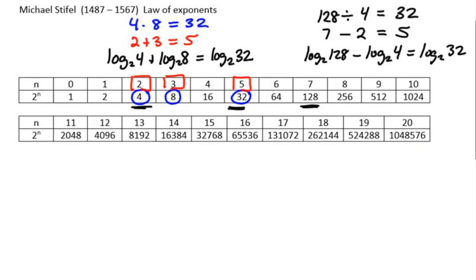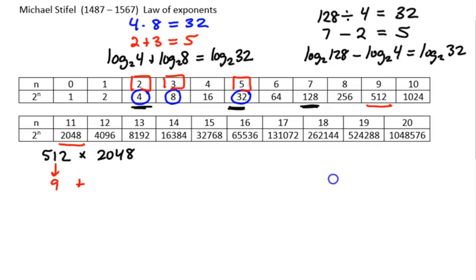So how could we apply this to something kind of practical? Well, let's say I wanted to multiply two large numbers. I wanted to multiply 512 times 2048. Well, I could look that up in the table and I see here's 512 and here's 2048, and I just look at what their logarithm is. The log base 2 of 512 is 9.